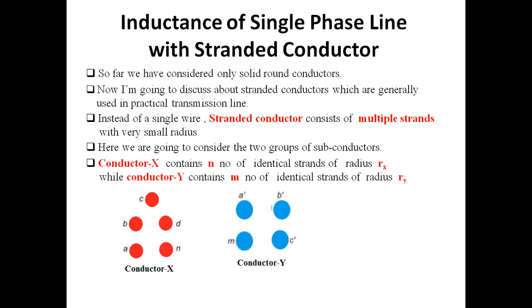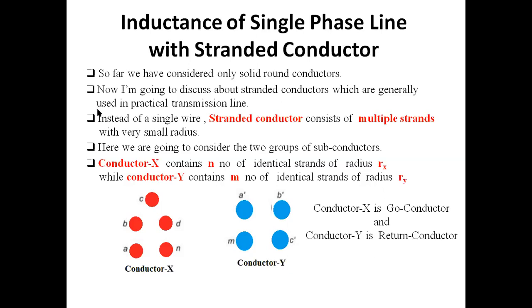These are the strands A dash, B dash, C dash up to n dash. So we are considering two conductors, X and Y, having multiple strands or subconductors. Conductor X is called the line conductor and conductor Y is called the return conductor.